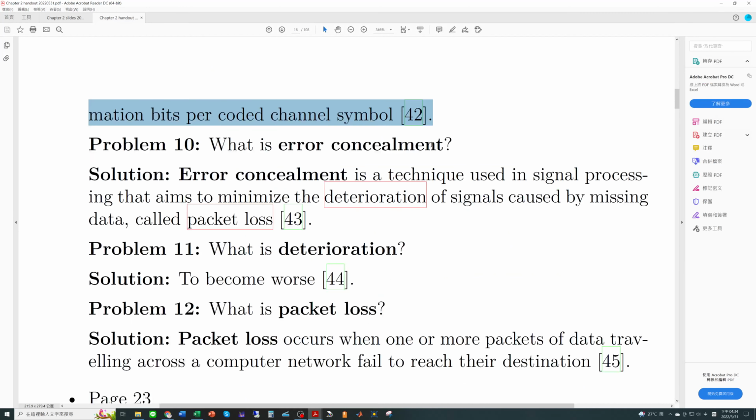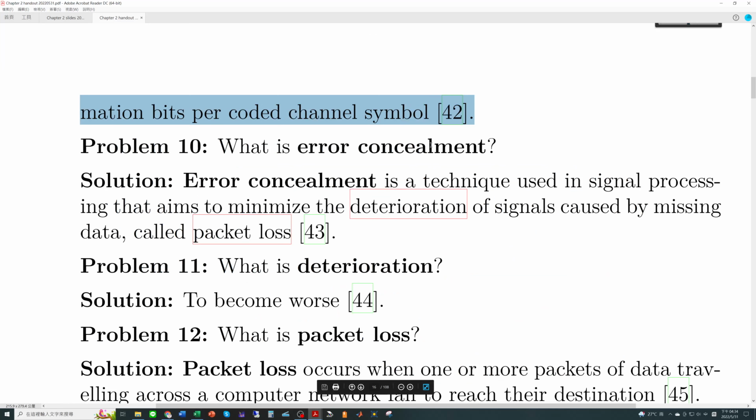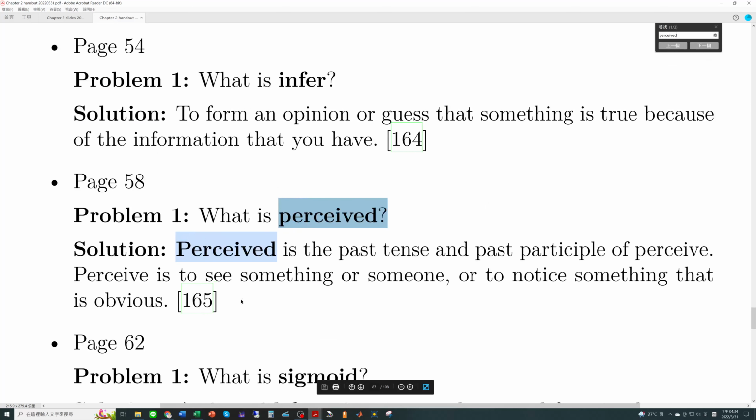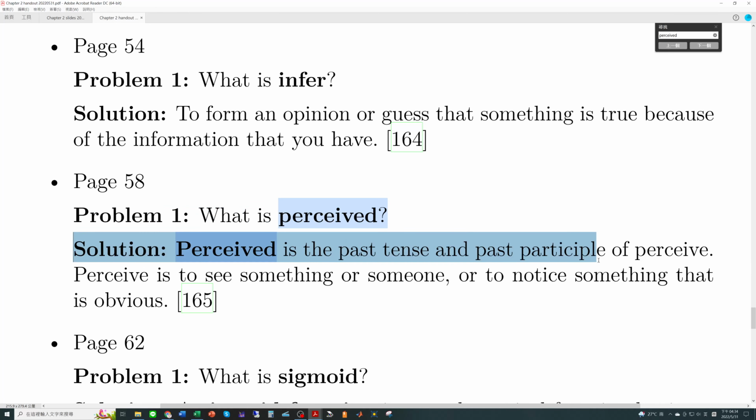Page 58, problem 1. What is perceived? Solution: perceived is the past tense and past participle of perceive.